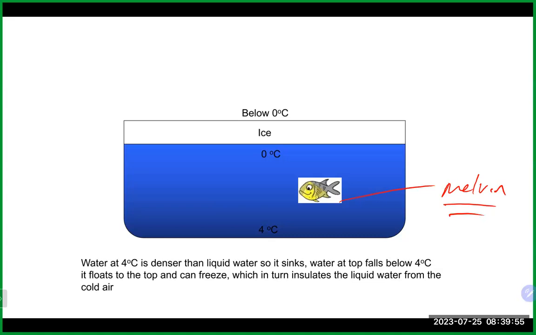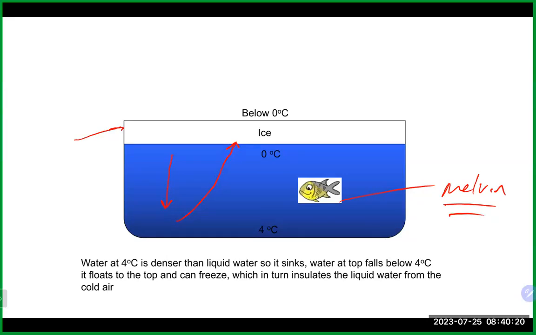But what happens here, right, is again, the warmer water, which is 4 degrees or so, starts to sink because it's more dense. Colder water again starts to rise. And what happens when it gets to the top is it creates this sort of insulated layer of ice on the top, sometimes stronger than other times, right? Because you can sometimes fall through the ice, if it's not fully frozen up on top.